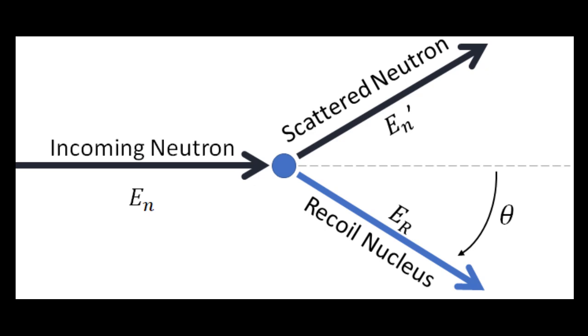Okay, they lose energy, but they produce high energy gamma rays. But we need to understand why hydrogen is the element that is affecting the neutrons the most.